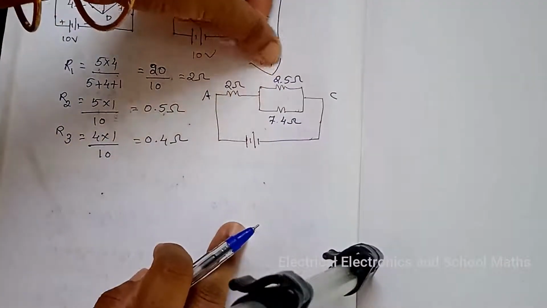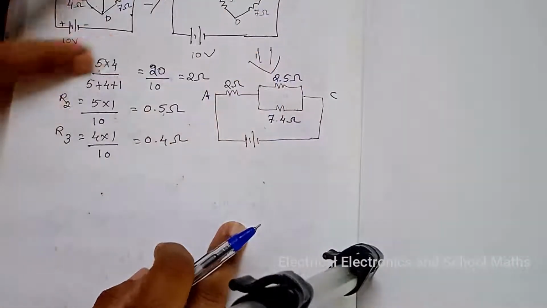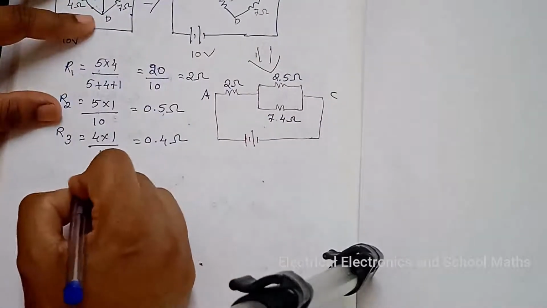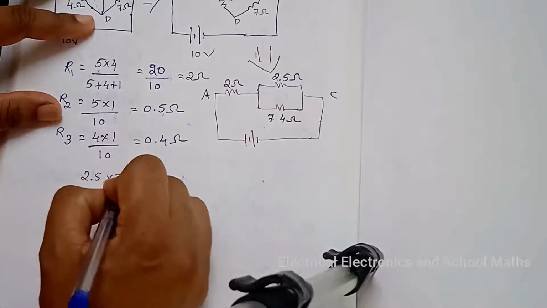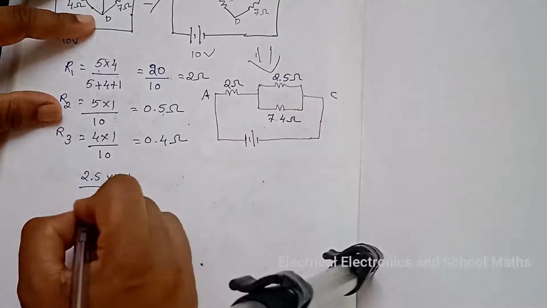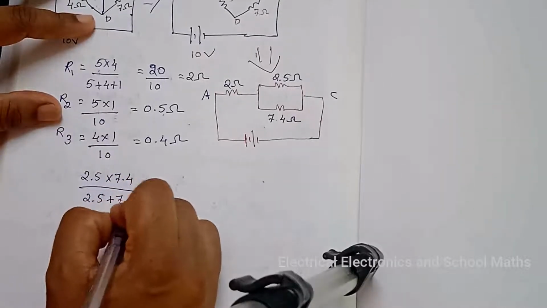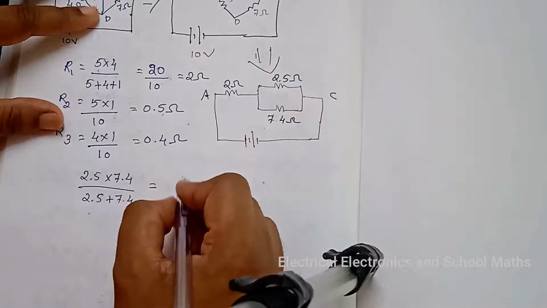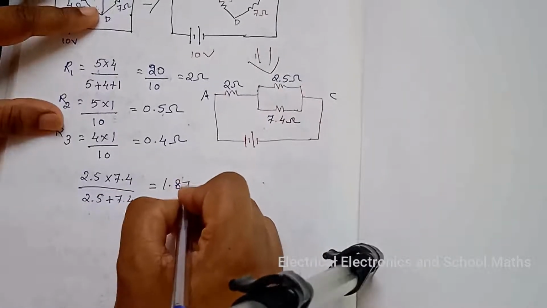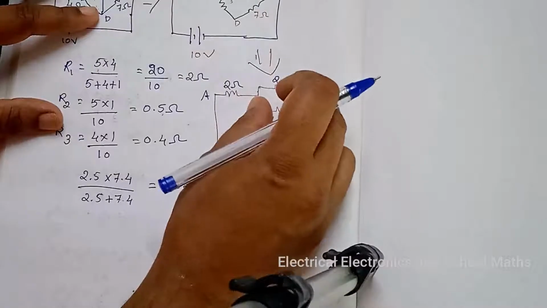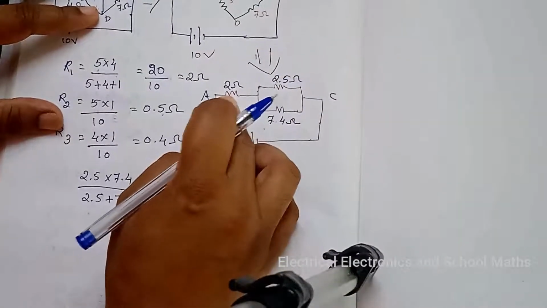The effective resistance of these two parallel combination is 2.5 into 7.4 divided by 2.5 plus 7.4 equal to 1.87 ohm, and this is in series with 2 ohm.